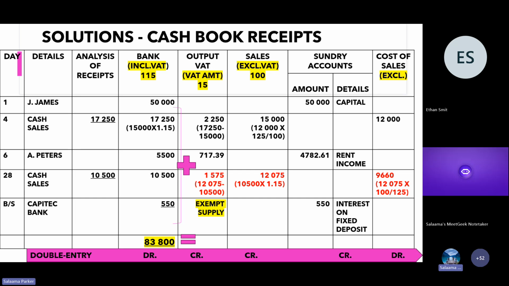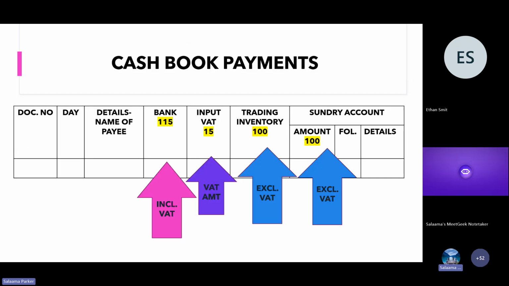And you know the double entry for cash book receipts: we debit the bank and we credit output VAT, credit sales, credit capital, credit rent income, credit interest on fixed deposit. The only account that we don't credit here will be cost of sales. Cost of sales will be debited, but that is the second part of your double entry for cash sales. Right, so we need to move on now to our cash book payments.